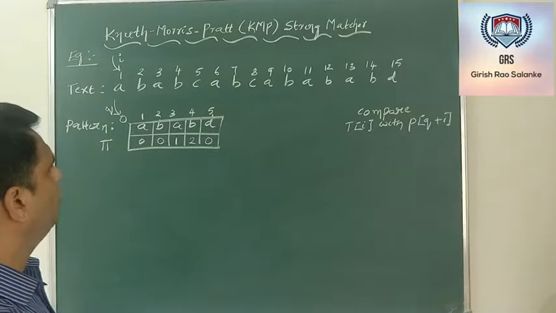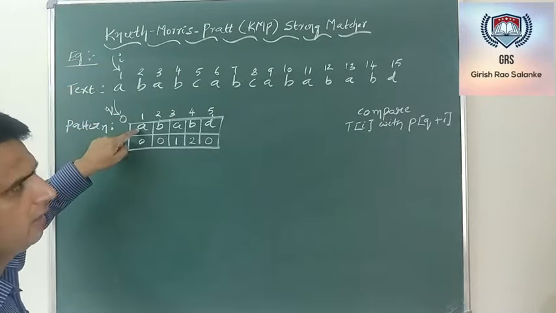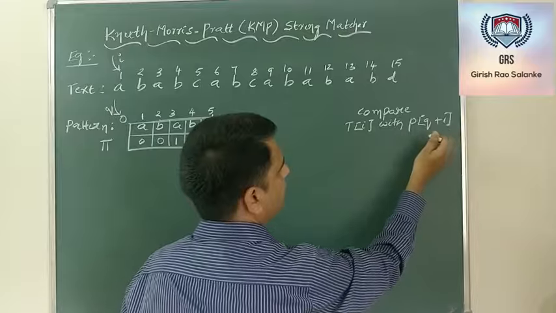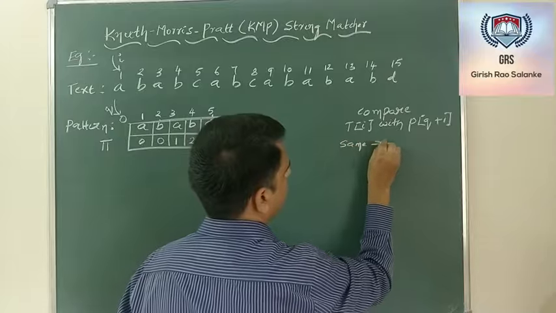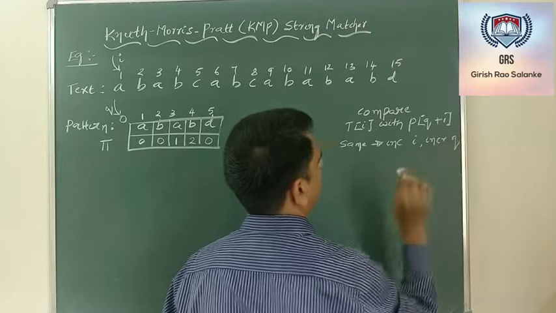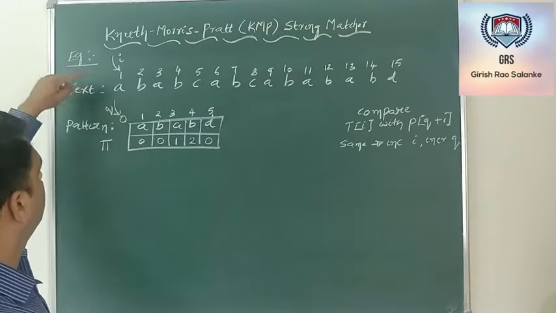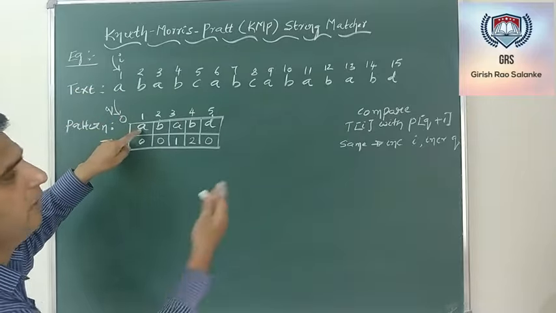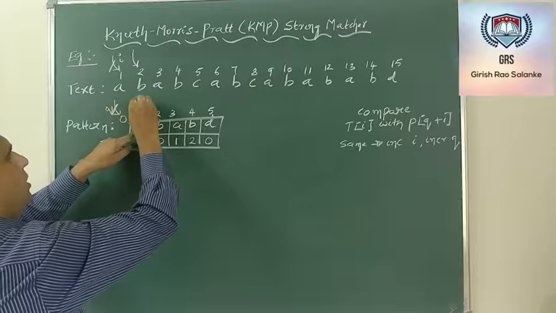If you compare, T of I is A and P of Q plus 1 is also A. If both are the same, what we are supposed to do is increment I as well as increment Q. We'll do this particular step and see what changes need to be made later. Now increment I and increment Q.